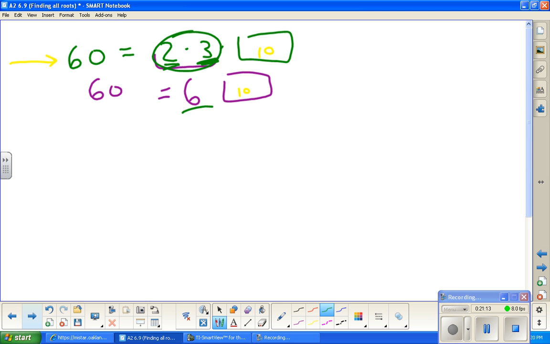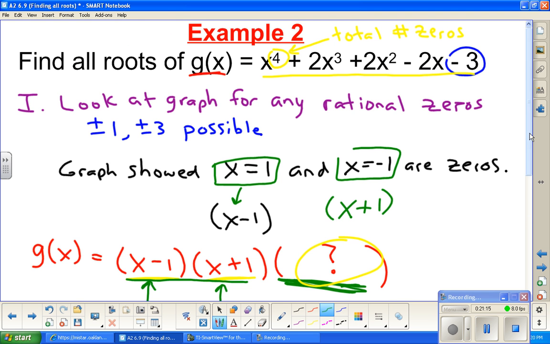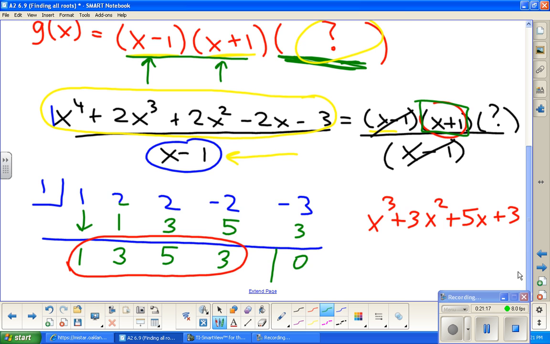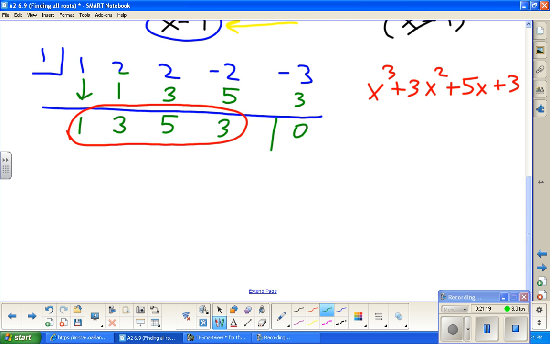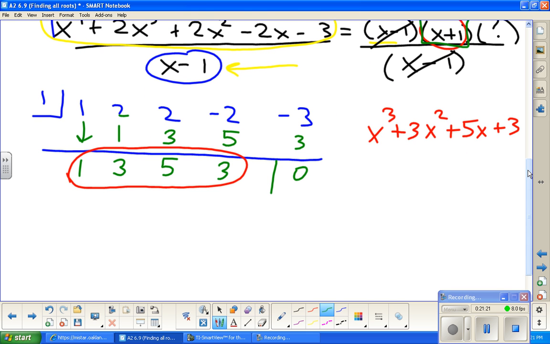That's the step we're at right now. So let's do that synthetically. Let's take this thing and divide it by the x plus 1, and that'll give us our remaining factor that was the question mark that we didn't know. So you kind of take your answer and divide it again.